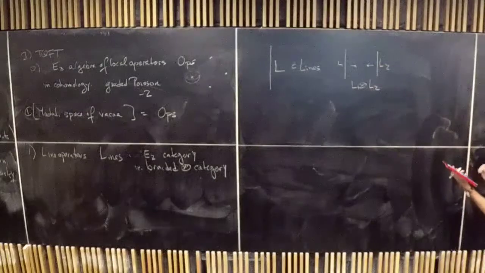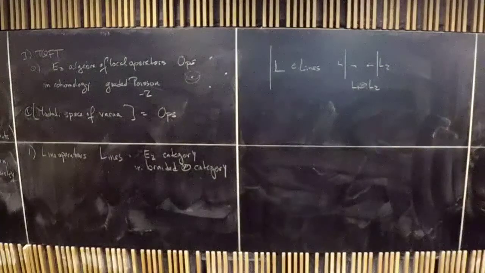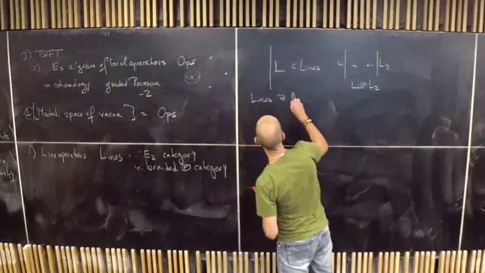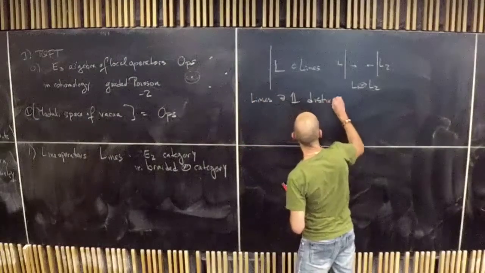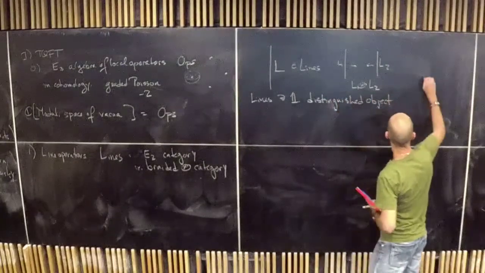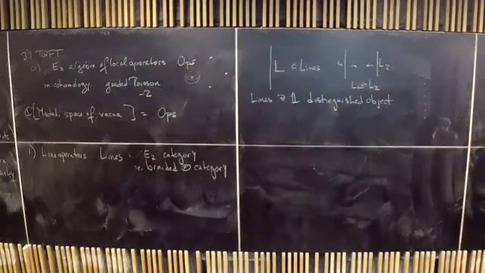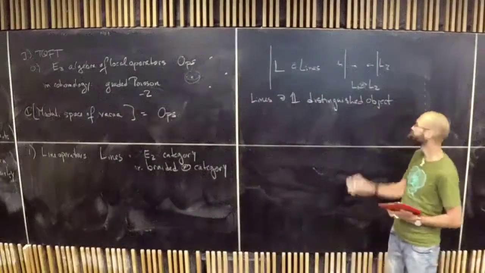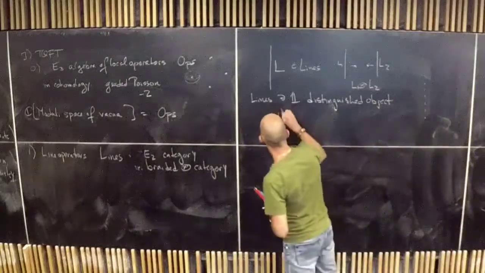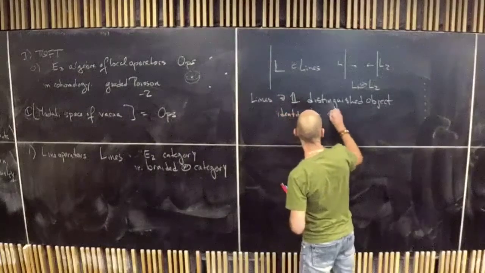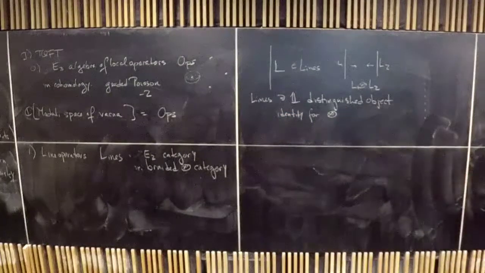And there is a distinguished object which is the trivial or empty line. It's the identity for the tensor product. It's the unit for the tensor product.